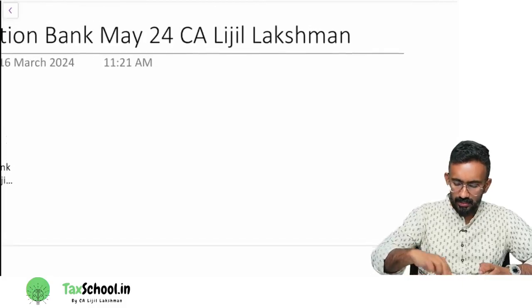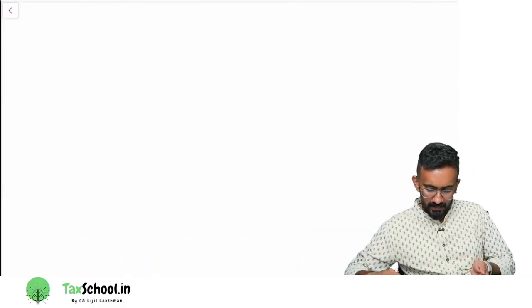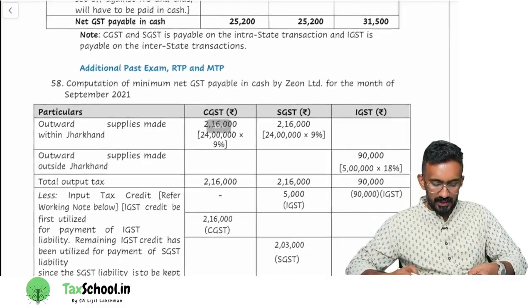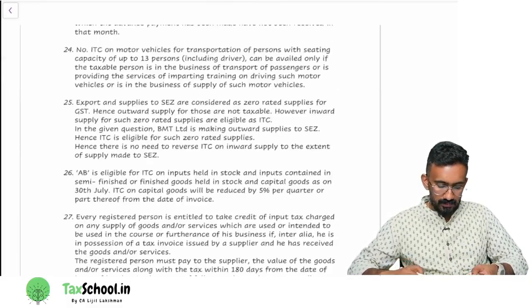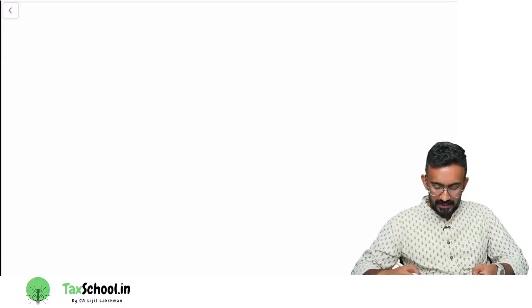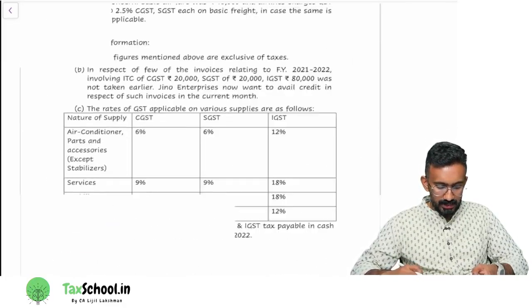So we are talking about what case here? We are talking about case of second-hand sale of capital goods. In such cases, I'll go back to the question.